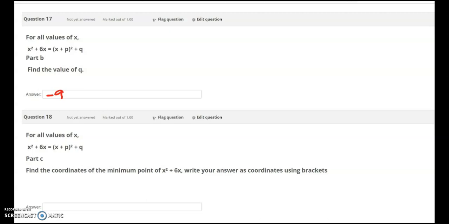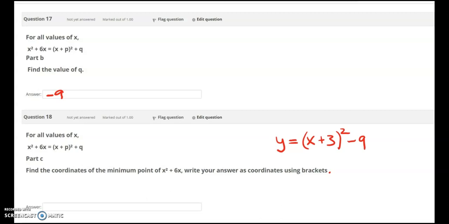Find the coordinates of the minimum point of x squared plus 6x. Write your answer as coordinates using brackets. So we've got the full equation being y equals (x plus 3) squared minus 9.